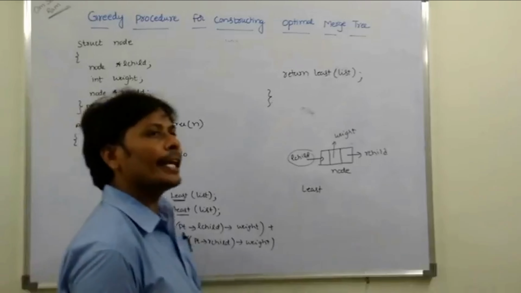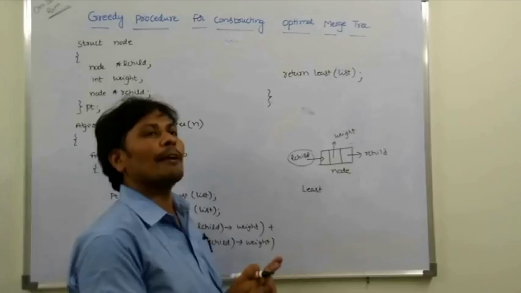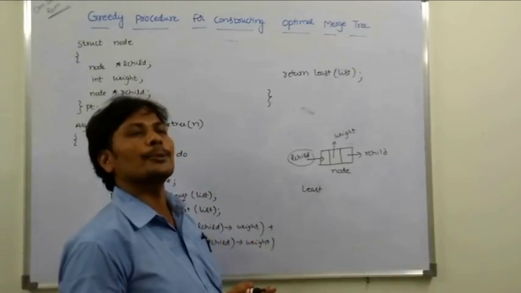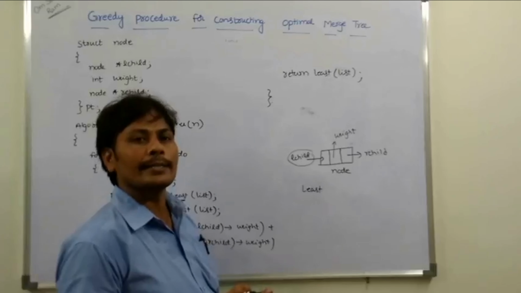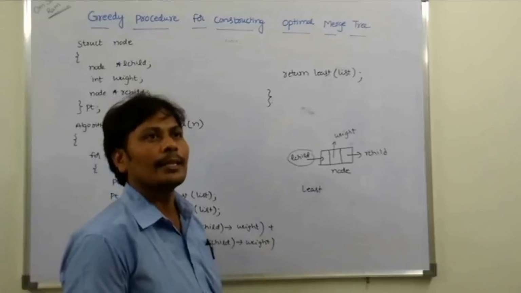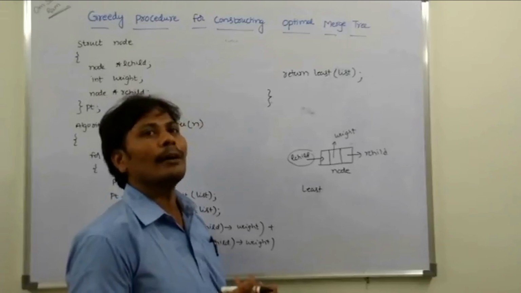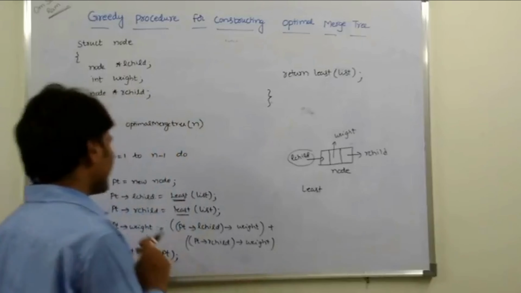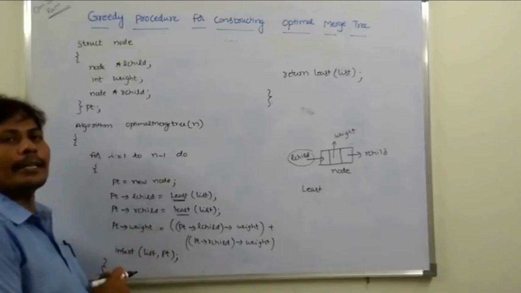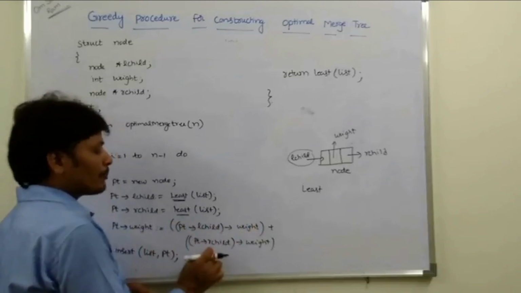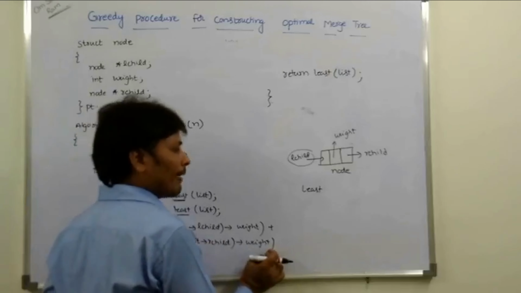Now one value is the left child and one value is the right child. After finding these two smallest sized files, we merge them, and we have to find the weight of the merged value. So pt arrow mark weight is equal to pt arrow mark left child weight plus pt arrow mark right child weight.